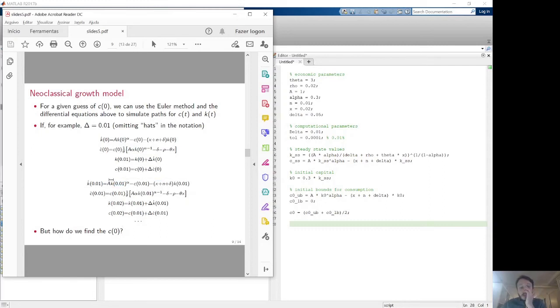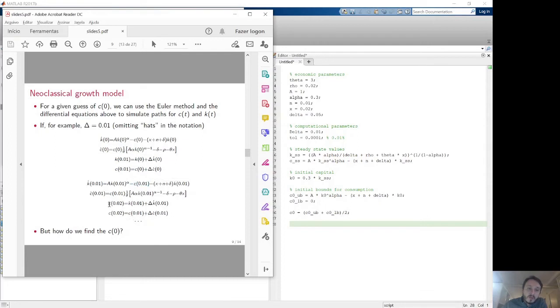Okay, so at each iteration, we're going to have a variable called k new and k old, c new and c old. So in the first iteration, k old will be capital in the initial period, and c old will be consumption initial period. And k new will be capital in period 0.01, and same thing for consumption here. In the next iteration, k old will be now capital in time period 0.01, and consumption old will be consumption in time period 0.01.